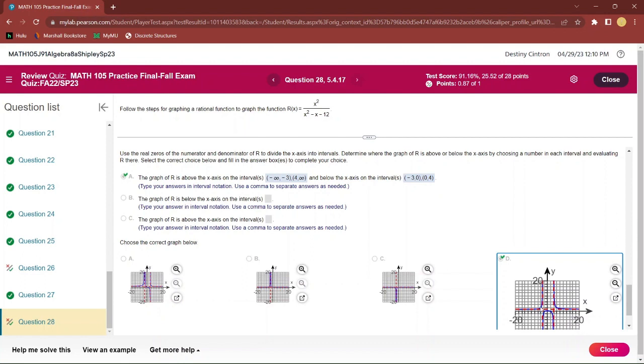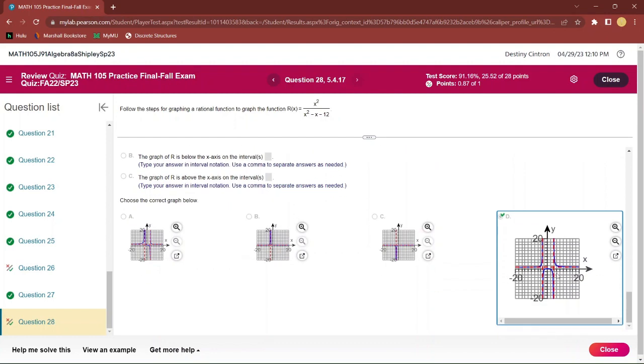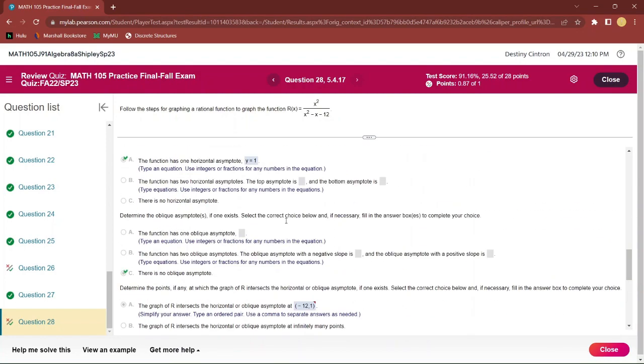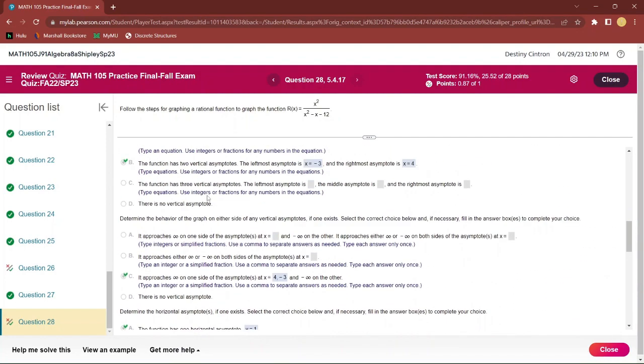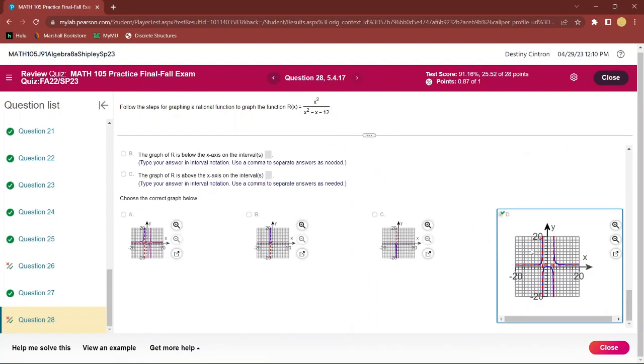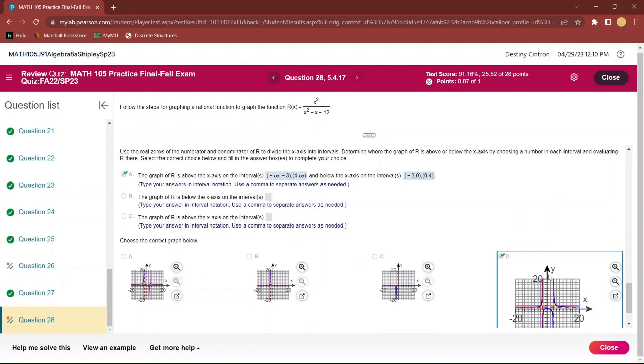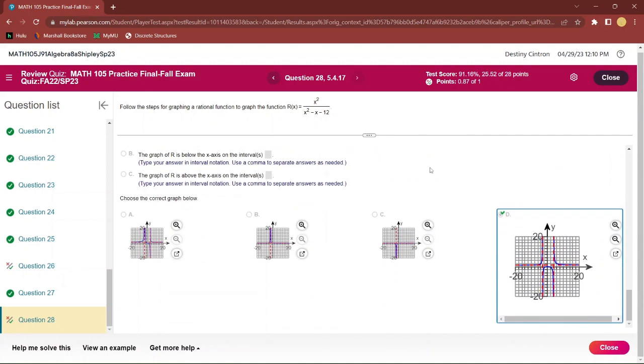And then it's also above the x-axis from 4 to infinity. And then it's below the x-axis from -3 to 0, but like we answered before, it touches the 0. So it's not below or above the graph at 0, 0. So you just kind of skip over it. And then it's just 0 to 4. It's also below. And that's the whole thing.